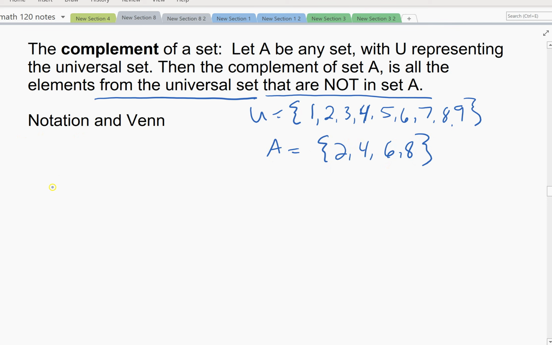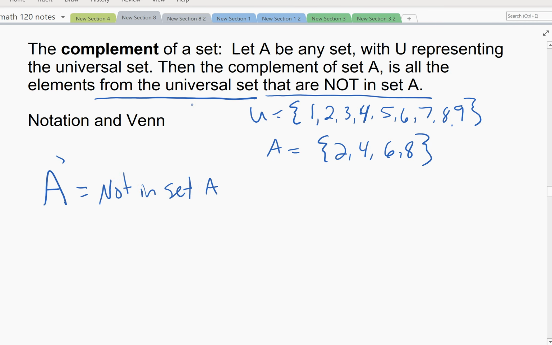So the notation first. The complement notation is we put the set with a little prime outside. We call that a prime symbol in mathematics. And what that means is the elements not in set A. Alright, not in set A, but from the universal set.